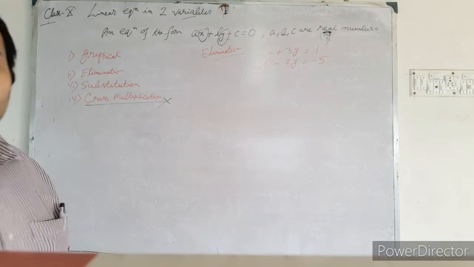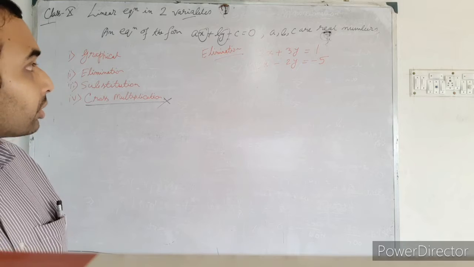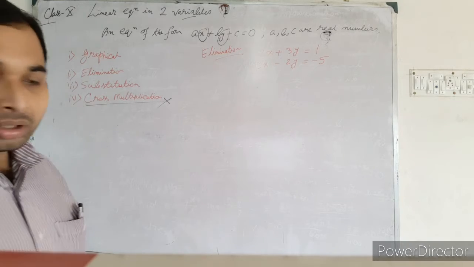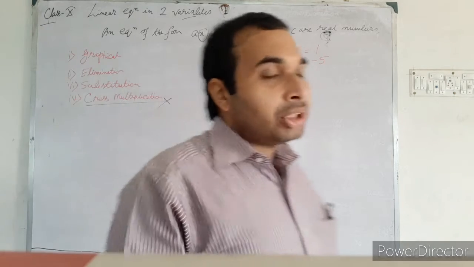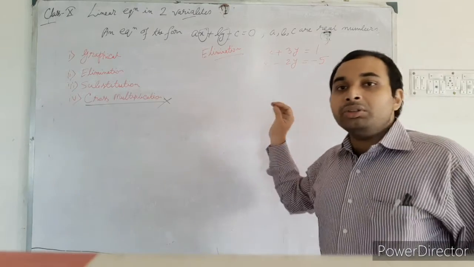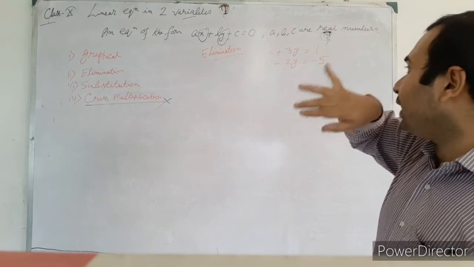If those are two equations, then how will we solve by elimination method? Elimination method means from those two equations you have to eliminate one variable at first.